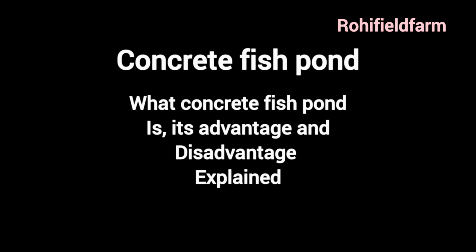Any mistake during construction can lead to leakage, and once there is leakage, it cannot retain water. The cost of fixing it might even be more expensive than constructing another one.